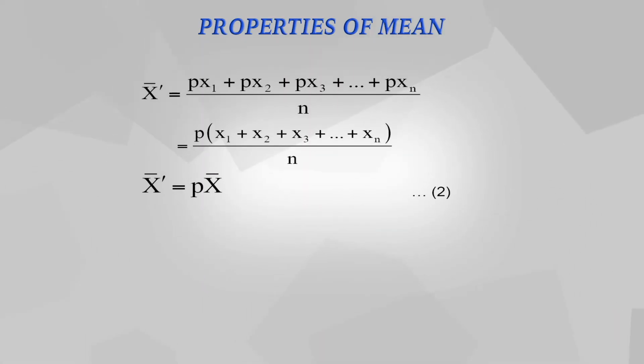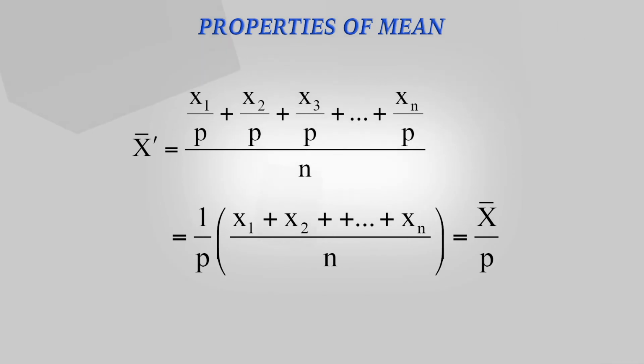then we can see over here that the new mean becomes p, that is the constant value, multiplied by the old mean. And next one, if the new values we have taken are divided by a constant p in each and every observation, the new mean will become x bar, that is the old mean, divided by that constant.